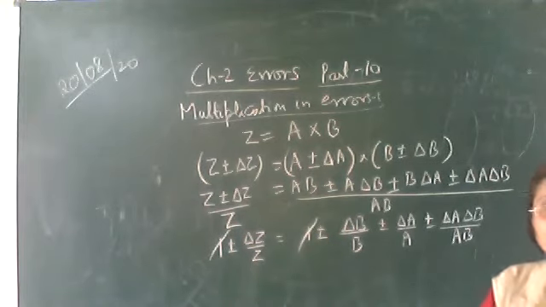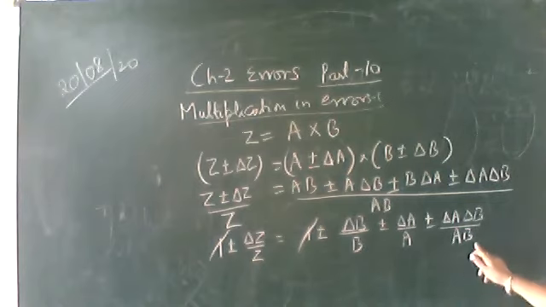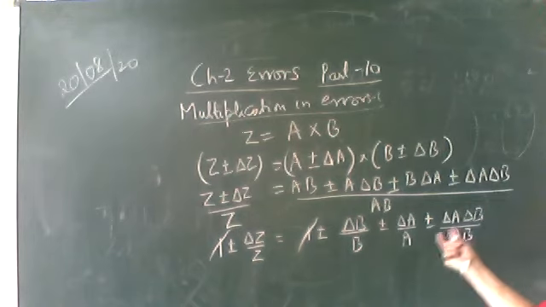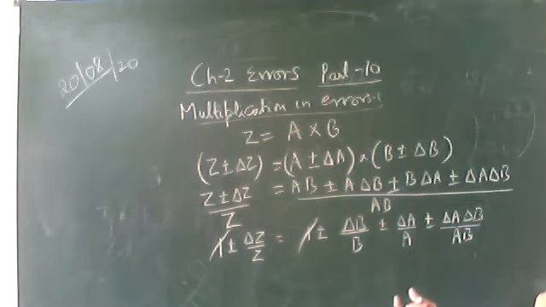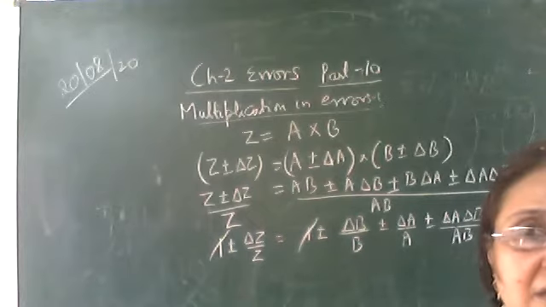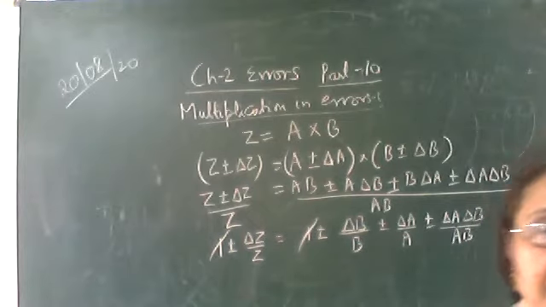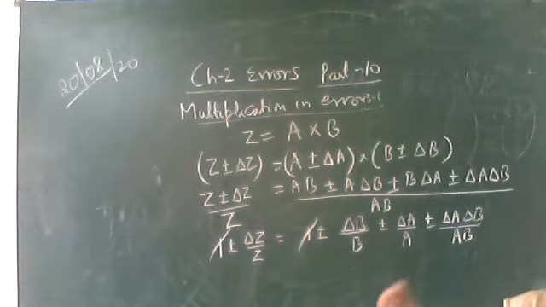Now here the last term, plus minus delta a into delta b upon ab, is the product of the absolute errors divided by ab. Error is a very, very small quantity. That is, the error cannot be 100%. The error will be 1%, 2%, 5%, this much only.